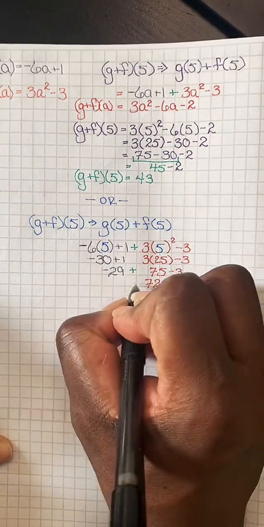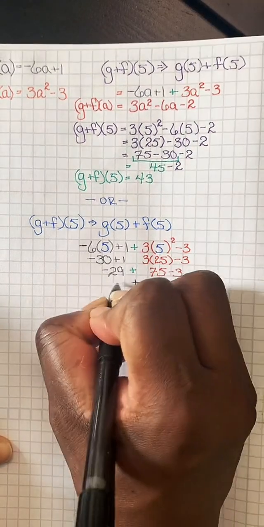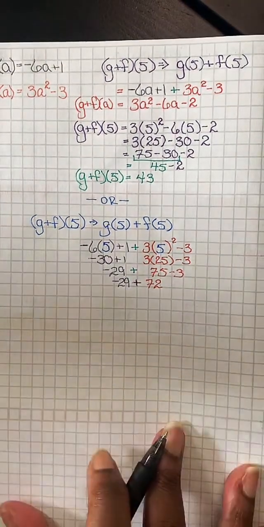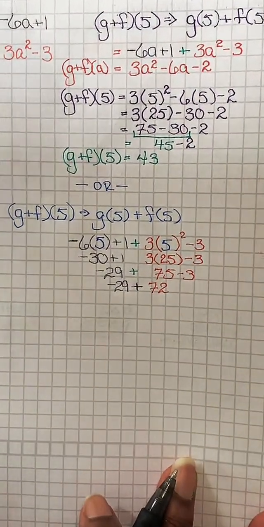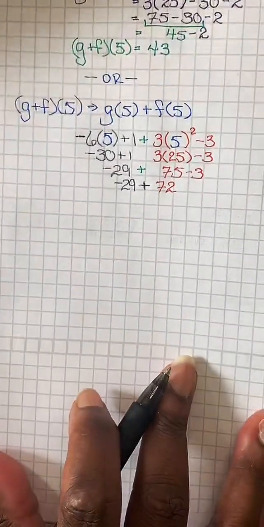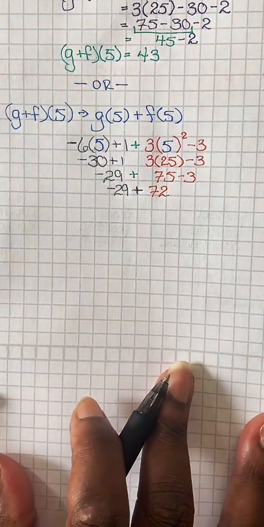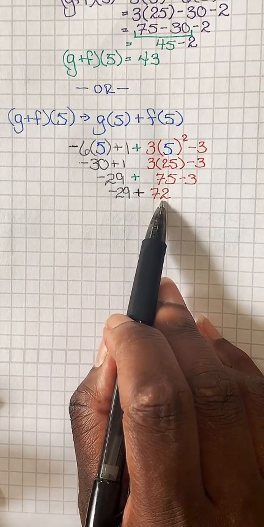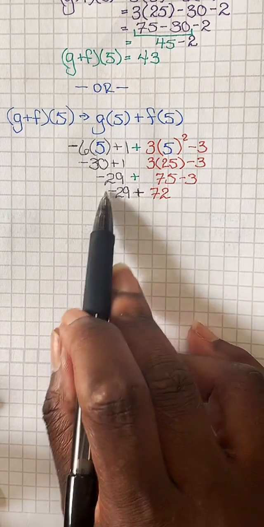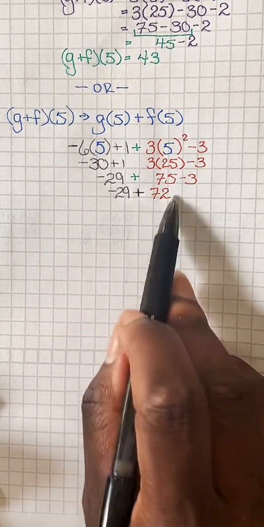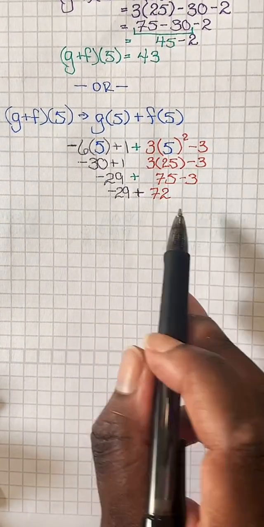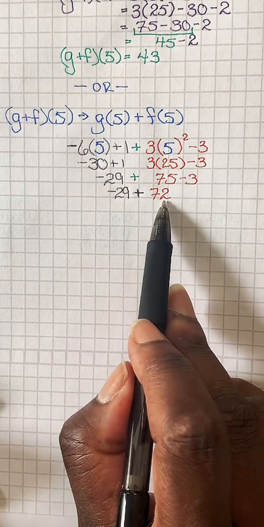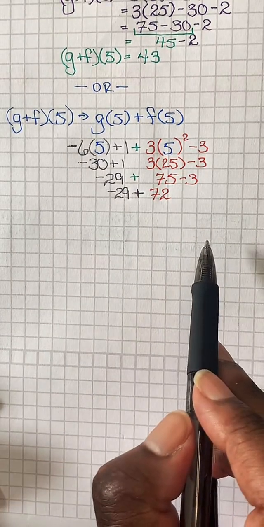So let me bring down this plus, and let me bring down negative 29. The 29 is negative, the 72 is positive, so the signs are opposite. When the signs are opposite, you're really subtracting, and you take the sign of the largest number.